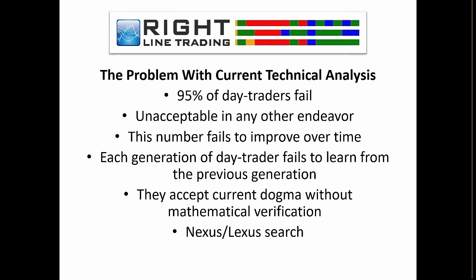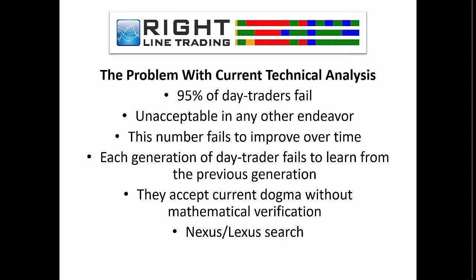What we really have to do is take nothing a priori as being accurate and workable. We have to look for an analysis that validates the concepts mathematically. If you do a Nexis Lexis search of the world literature, say looking at the statistical analysis of an oscillator or a MACD in getting you into a successful trade, you'll find that there's really nothing.